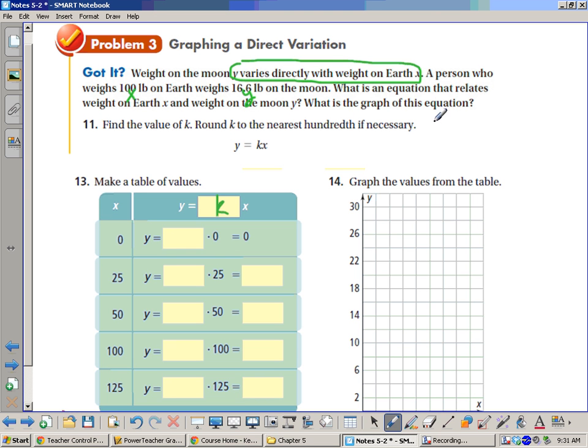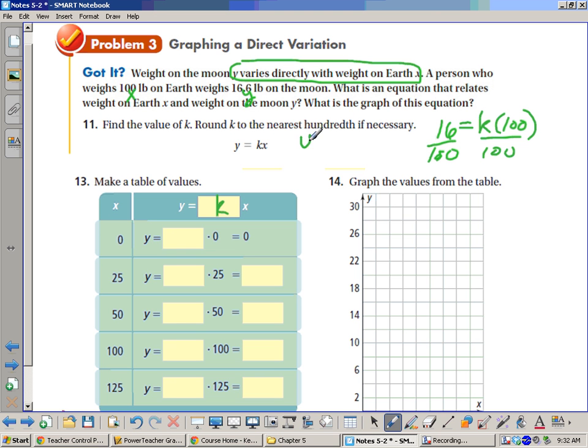We know that 16 is our y and 100 is our x. We can actually divide by 100 to find our k. If we take 16 divided by 100, we get 0.16.